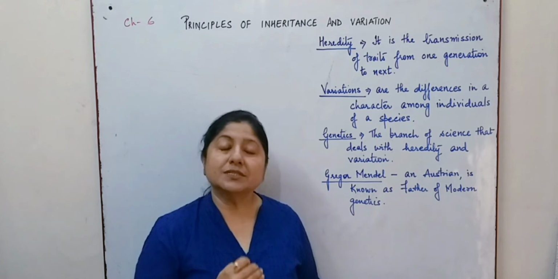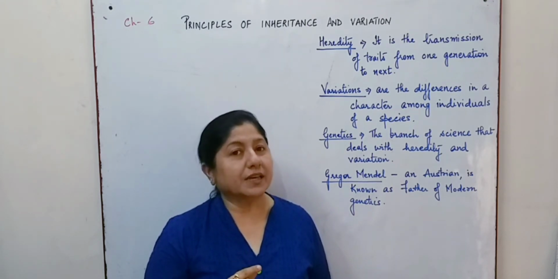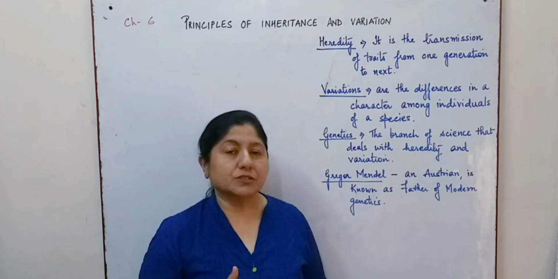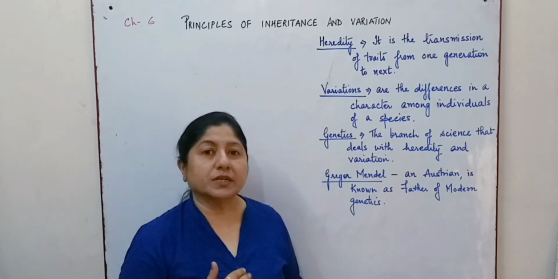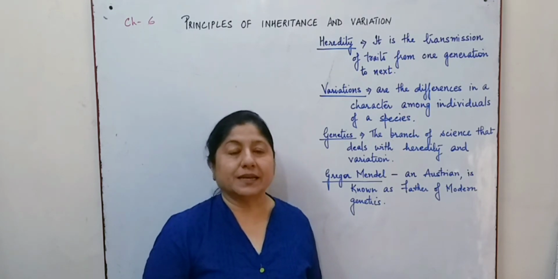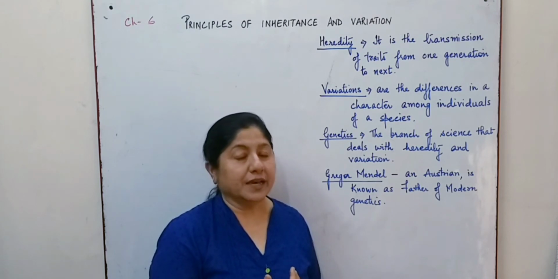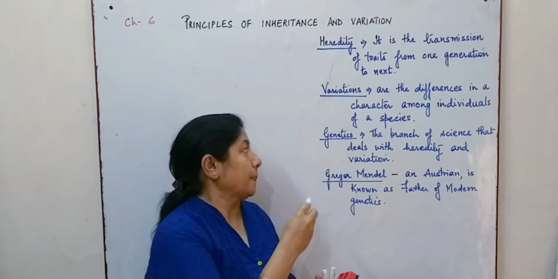So variations are differences in a particular character among the members of a species. For example, blue-eyed, brown-eyed, black-eyed. So we have different kinds of variation in the color of the eye. That is what variation is.